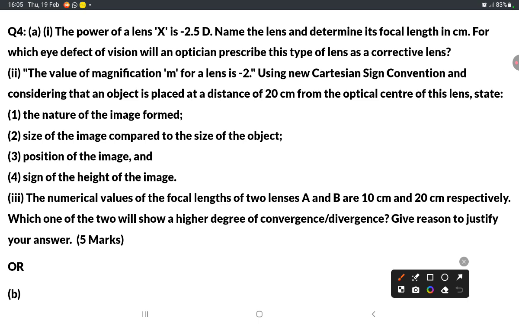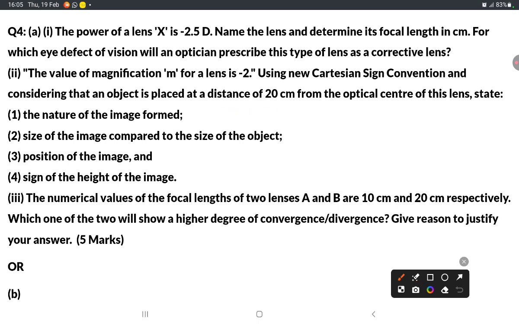Next, using new Cartesian sign convention, and considering that an object is placed at a distance of 20 centimeters.